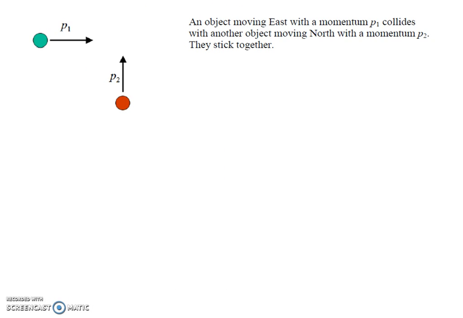Let's do a little bit of an example. Let's talk about cars. If you have a car collision, you generally stick together. Think about this example as a car collision, or you can think of two clay balls traveling in different directions and sticking together. What's going to happen afterward? Let's look at this situation. I have object number 1, the green one on the left side, and object number 2, the red one.